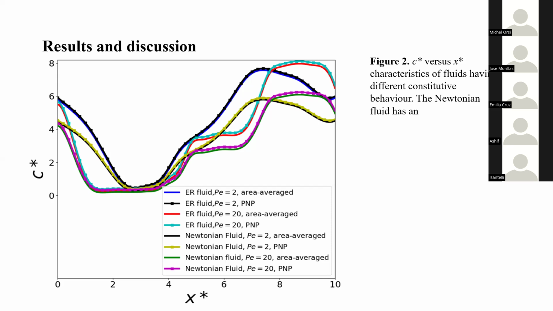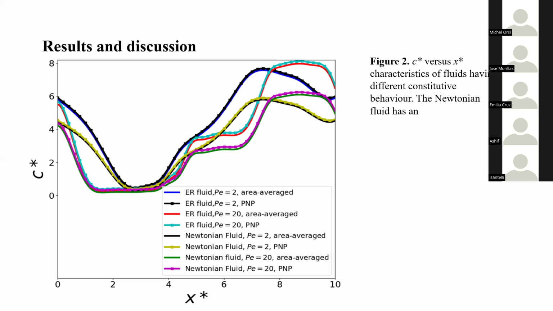This causes a decrease in the effective viscosity of ER fluids, leading to very pronounced depletion and enrichment zones as compared to Newtonian fluids. As the Peclet number is increased from 2 to 20, diffusion is suppressed, leading to more pronounced ion depletion and enrichment zones. In the case of Peclet number equals 2, the concentration profiles are more homogenized.